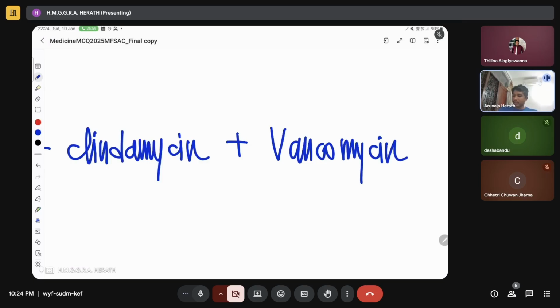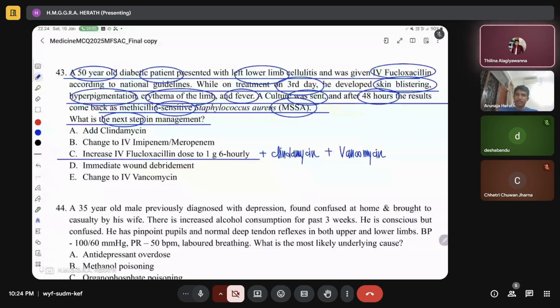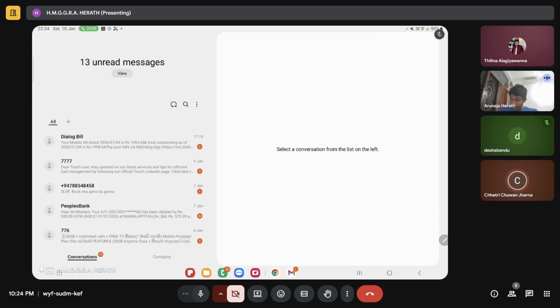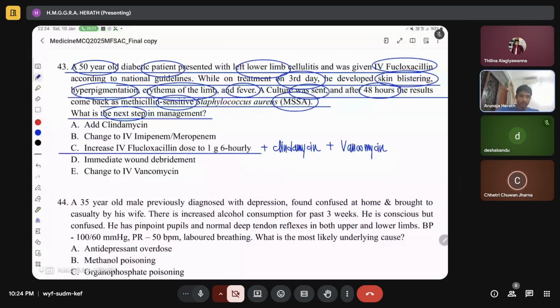Is meropenem effective against MRSA? So we increase the dose, and if that also doesn't work, we add. And that vancomycin, where did it come from?